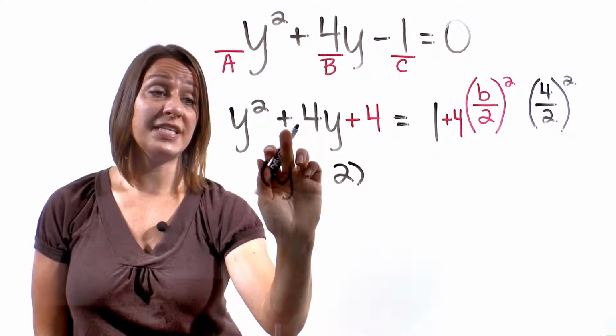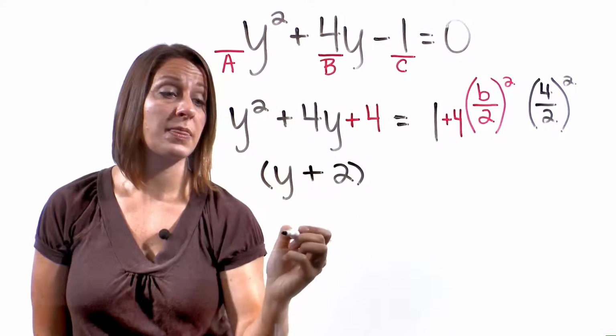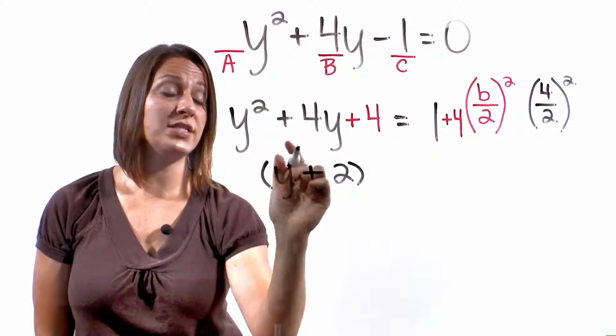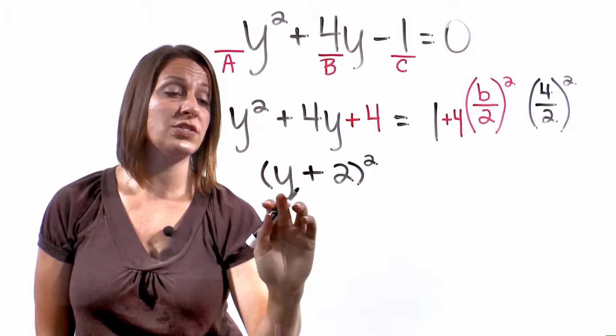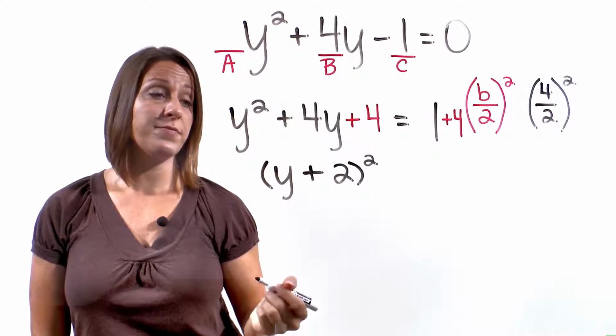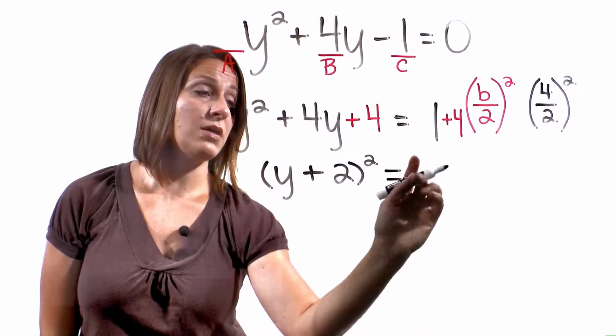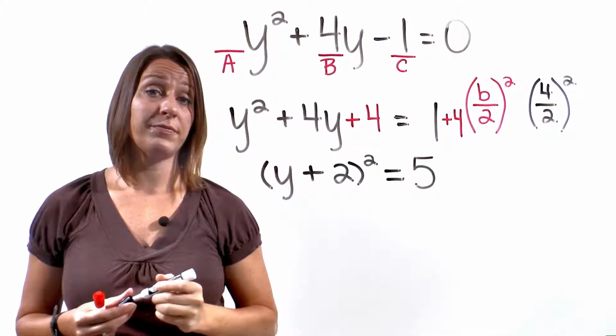And remember, if it's an add or subtract sign, that's what's going to be in our answer. So y squared plus 4y plus 4 factors into y plus 2 quantity squared equals 1 plus 4, which is 5.